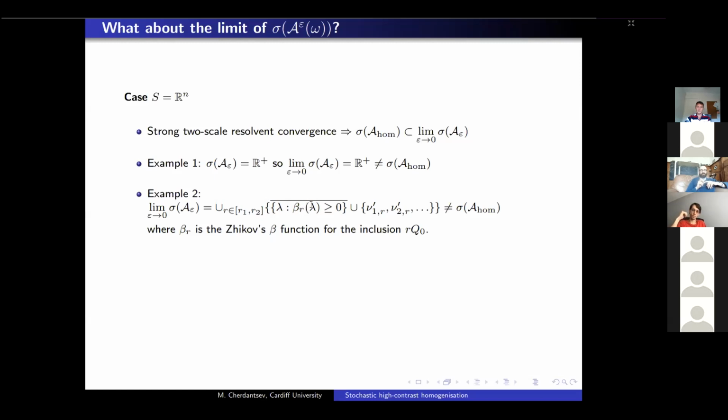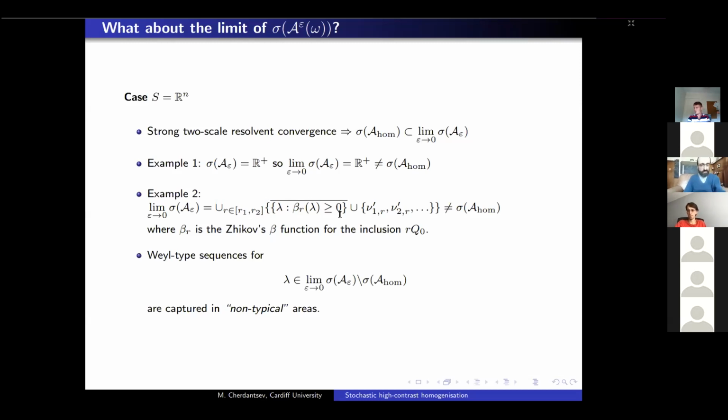There we basically integrate with respect to R, and here we take the union for all possible values of R. Okay, so what happens here? As I already said, as in the first example, Weyl-type sequences for the points that belong to the spectrum of A epsilon and are outside of the spectrum of A home are captured in the non-typical areas. For example, as in example 1, these are areas which contain no inclusions.